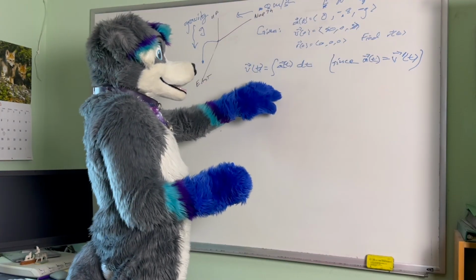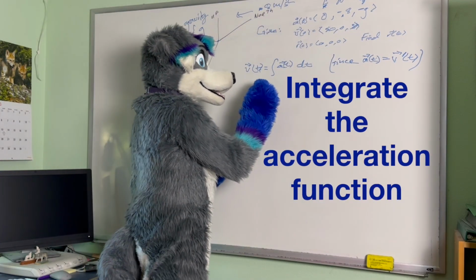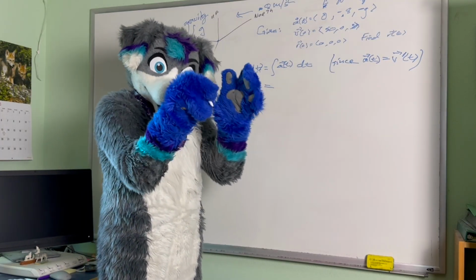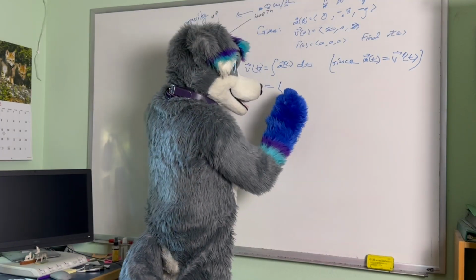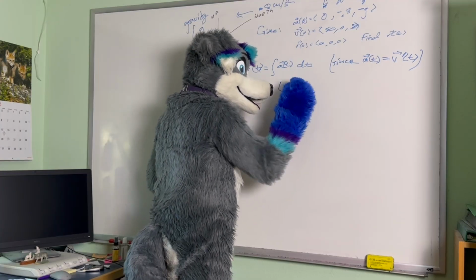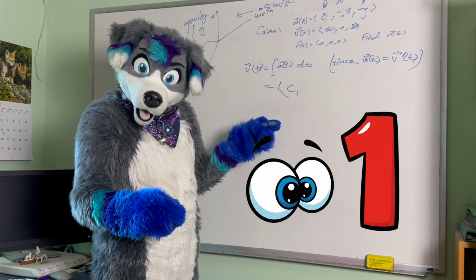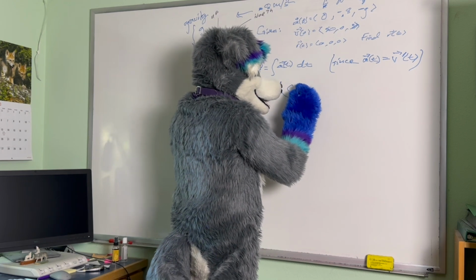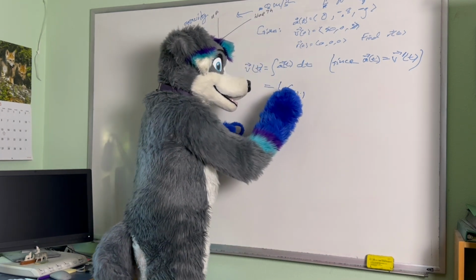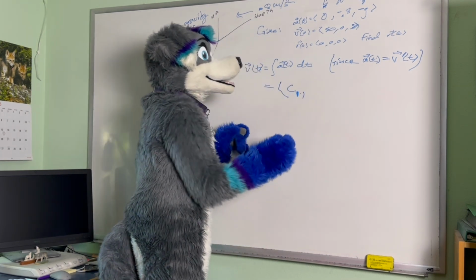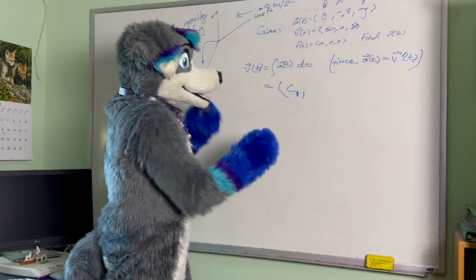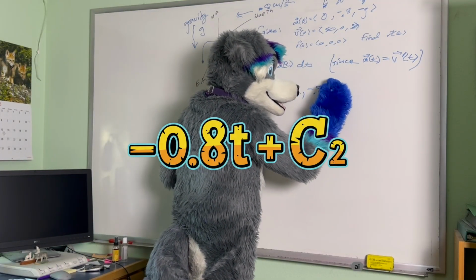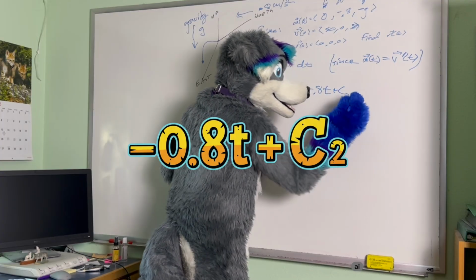Really, all we need to do then is integrate the acceleration function. And you might remember, you just do that by integrating term by term. The integral of 0 is just a constant, so I'll call it C1. And these will be different constants, generally speaking, so that's why we need to give them different names. The integral of negative 0.8 is just negative 0.8t plus C2.